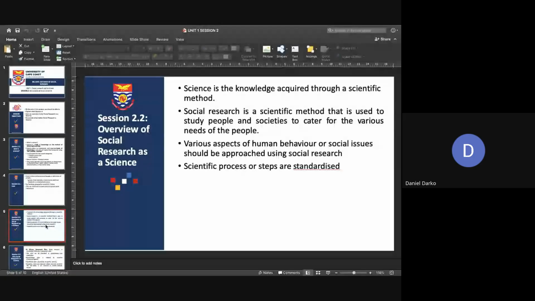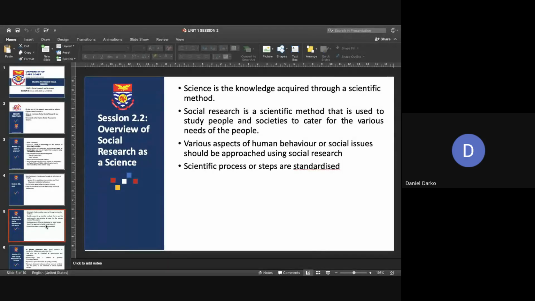Okay. So, science through scientific methods. Social research is a scientific method that is used to study people and societies to cater for the various needs of people. The various aspects of human behavior and social issues should be approached using social research.